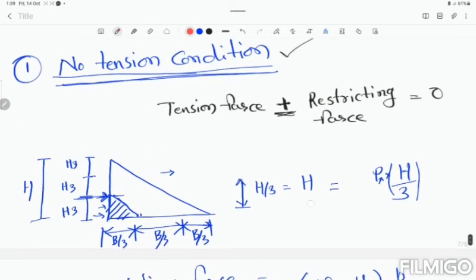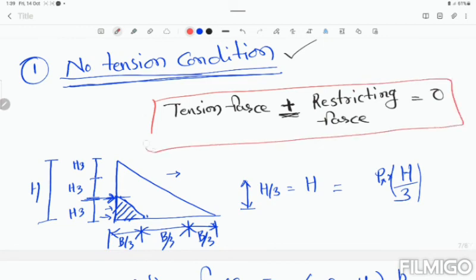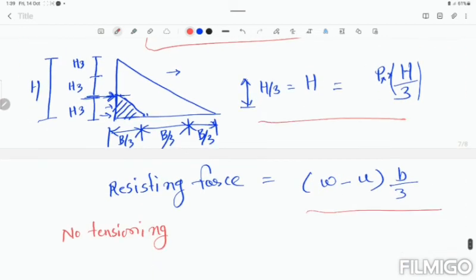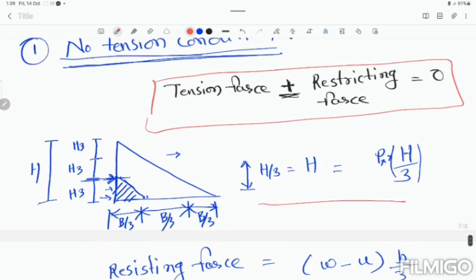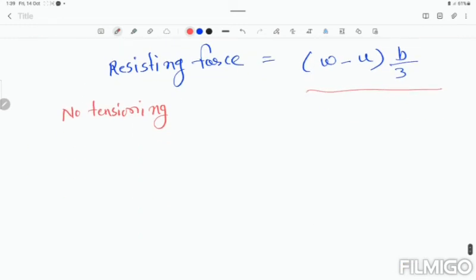According to this formula, we have to put both values: the resisting force and the tensioning force. For the no tensioning condition, P into H by 3 minus (W minus U) into B by 3 must be equal to 0.